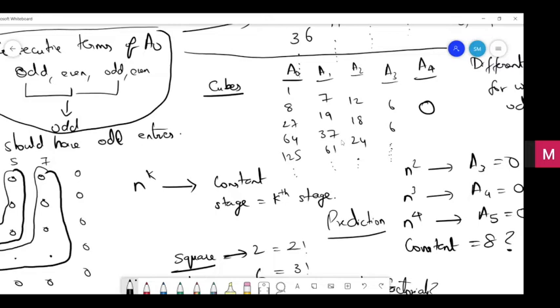Right. So the only thing is, in the case of squares, we had neat odd numbers. Here the numbers look a bit intimidating: 7, 19, 37, 61, and so on. Right?